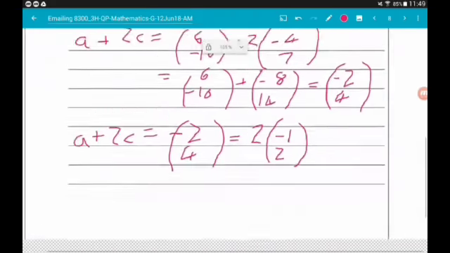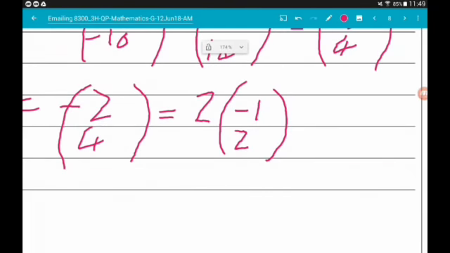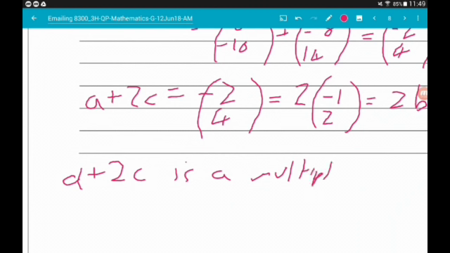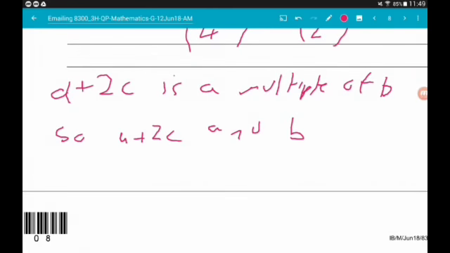So, we could say this is 2 lots of vector B. So, A plus 2C is a multiple of B. So, A plus 2C and B are parallel.